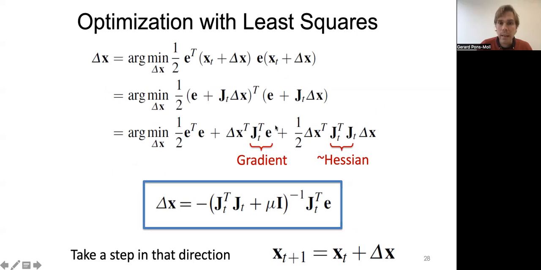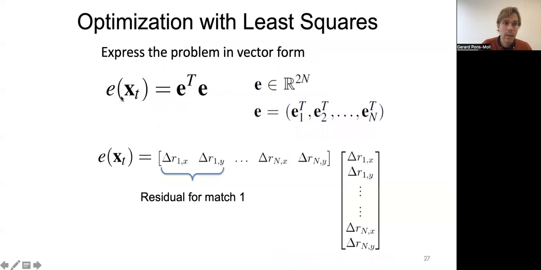All right, and then this is the first term, and the second term, which is a quadratic term, will have delta x transpose times this matrix JtJ times delta x. And by observation, we can see that this JtJ is an approximation of the Hessian of this error here, right?